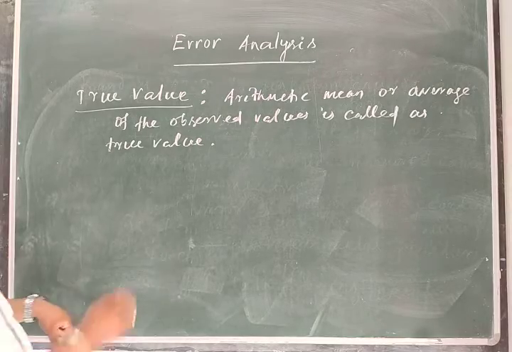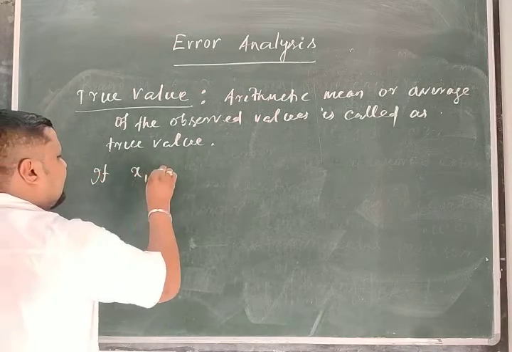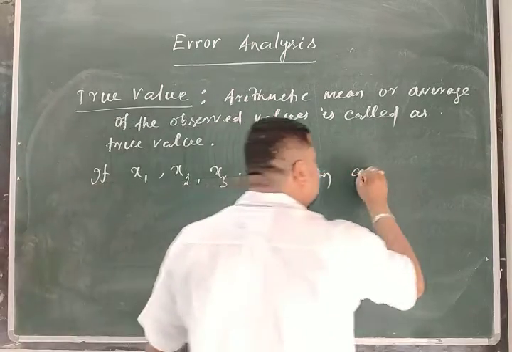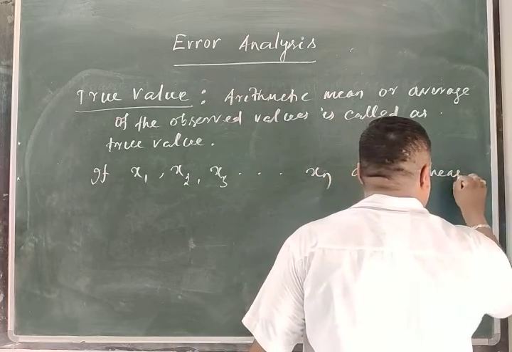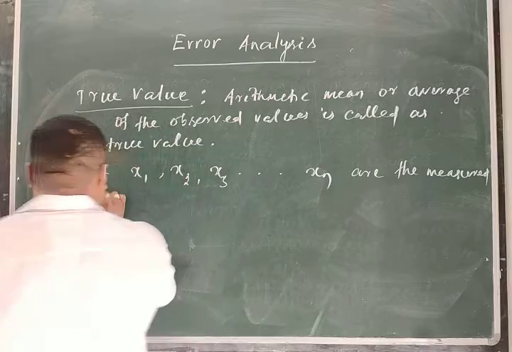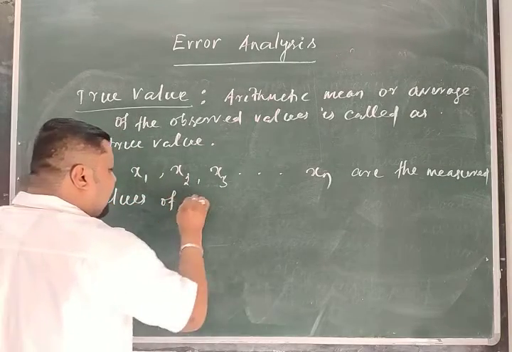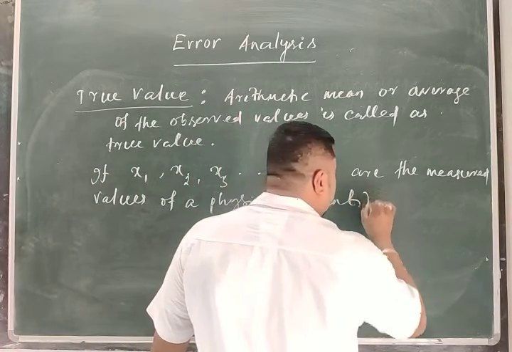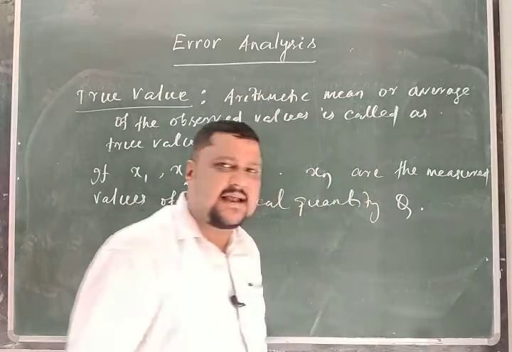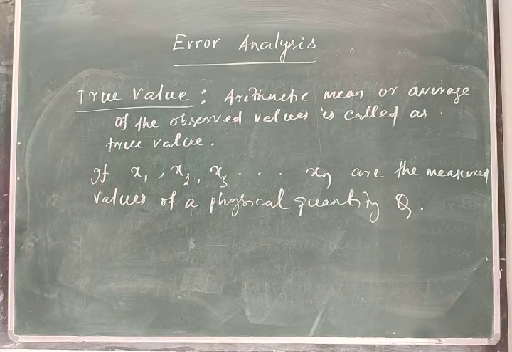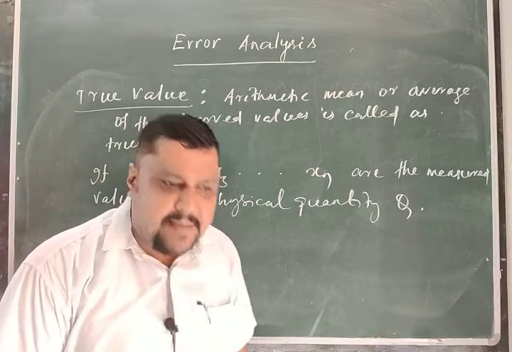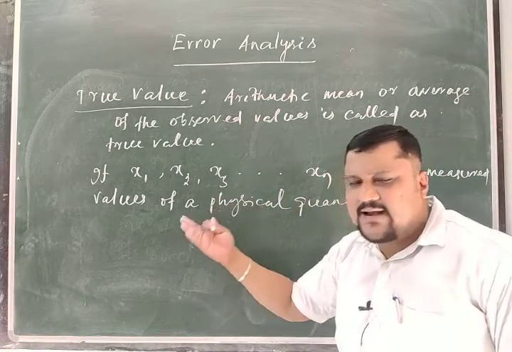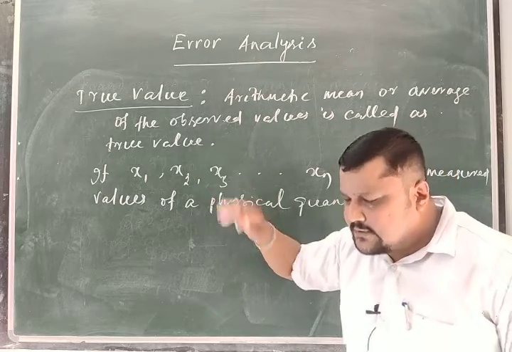So if x1, x2, x3, ..., xn are the measured values of a physical quantity q, which is a physical quantity, measured values meaning observed values, and they are random, like 2.79, 2.39, 2.45, 2.38.